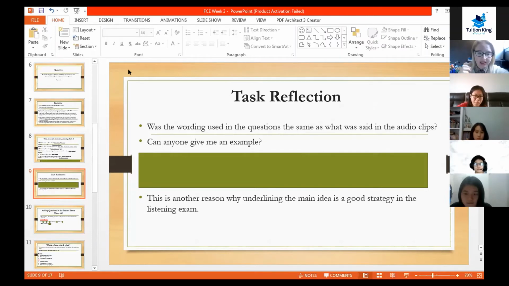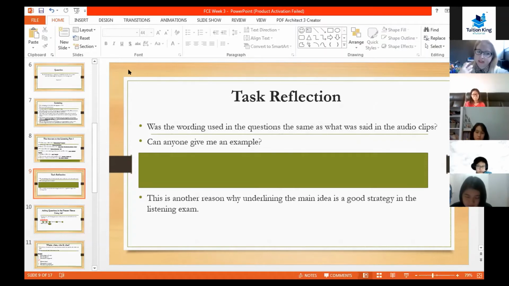That's why I said that the main ideas act as signals. So for instance, if you see the word because in the question, you underline because, you know that you're going to hear a reason, but that doesn't mean you're going to specifically hear the word because.